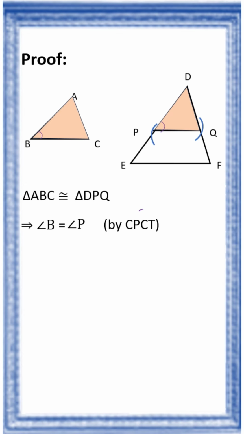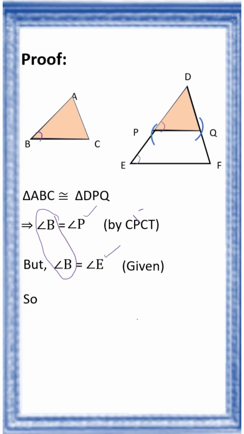Corresponding parts of congruent triangles. But we are given that angle B is equal to angle E. It is given. Here observe, LHS are equal, so RHS should be equal. So angle P is equal to angle E.